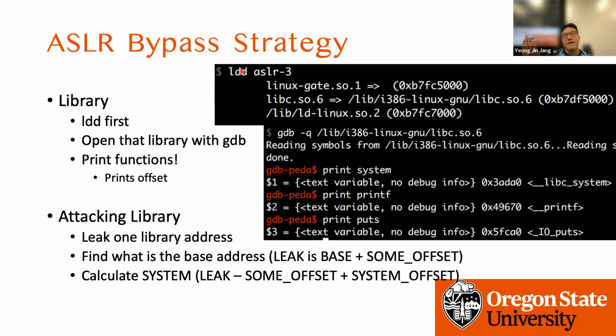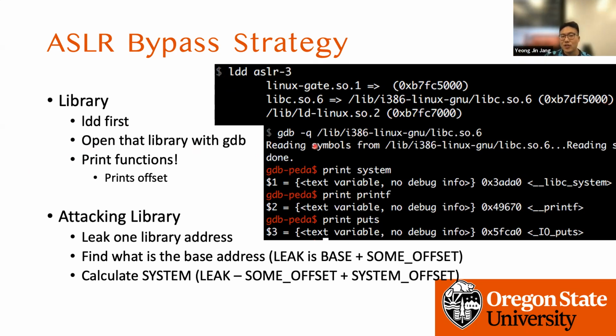So that could be printf or some other address. And then you can open the library file. If you run ldd, it will kindly let you know where the libc program is. But please ignore this address. This address will be randomized every time you execute the program. So we don't care about the address for now.